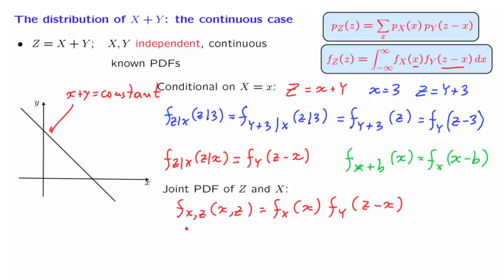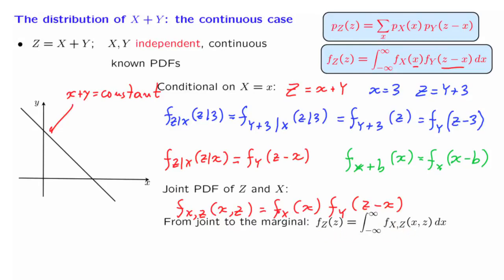And now that we have the joint PDF in our hands, we can use another familiar formula that takes us from the joint to the marginal. If we take the joint PDF and integrate with respect to one argument, we obtain the marginal PDF of the other random variable.